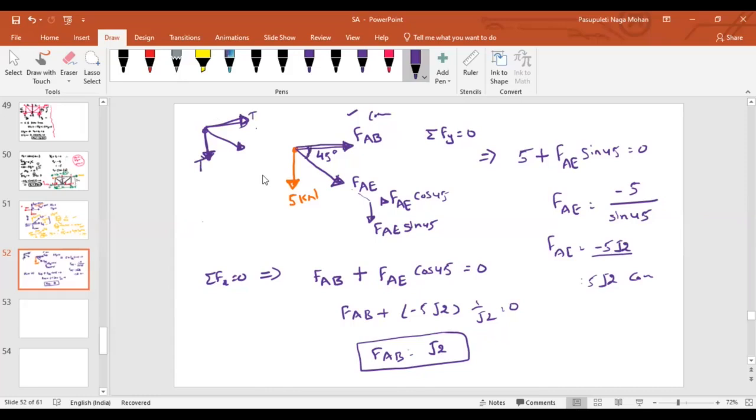As this angle is 45 degrees, that's why we luckily have got this value equal. Did I mention it is 5, right? This angle is 45, this is also 5. So if your angle is 45 degrees, if either the horizontal member or the vertical member force is known, then the other one will also act with the same magnitude.